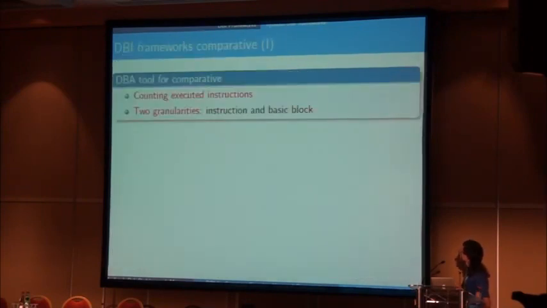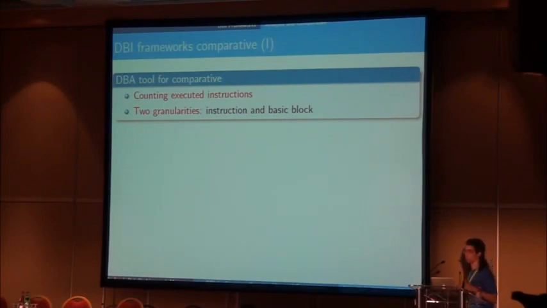So let me comment on what we have done for the comparative. We have developed a tool that is very naive, so it only counts the number of instructions that are going to be executed, but we have used two granularities, mainly instructions and basic blocks.